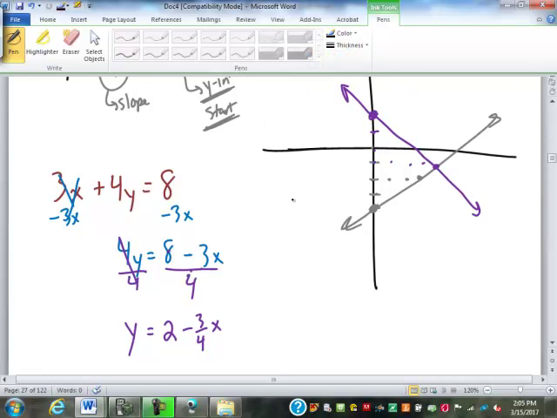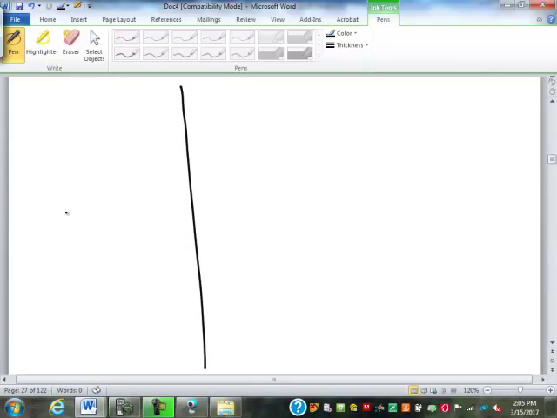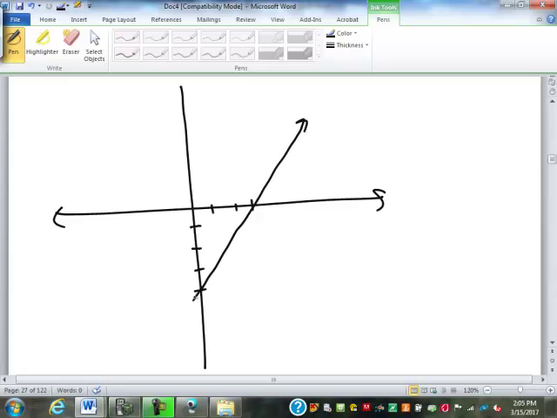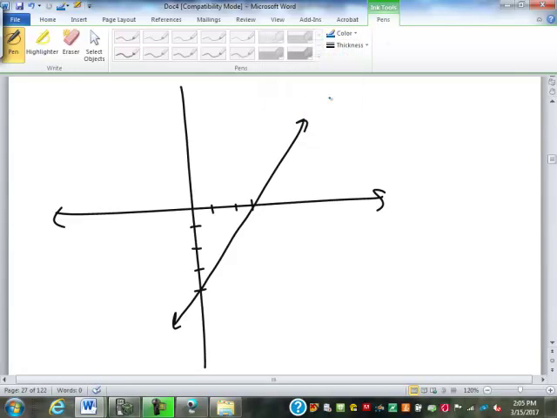Well, for today, I want to change our focus just a little bit. I want to go in the other direction. So when we have a graph that looks like this, can I write that equation? Well, to do the equation, there's two pieces of information I need to be able to pull from that graph.